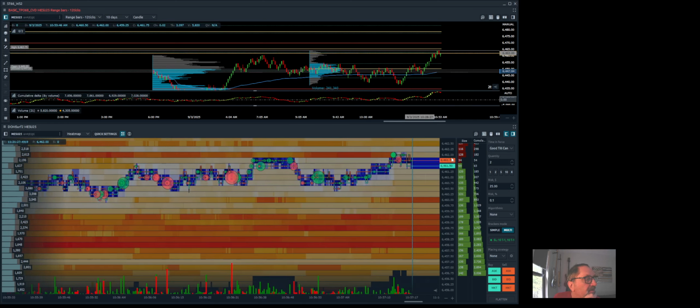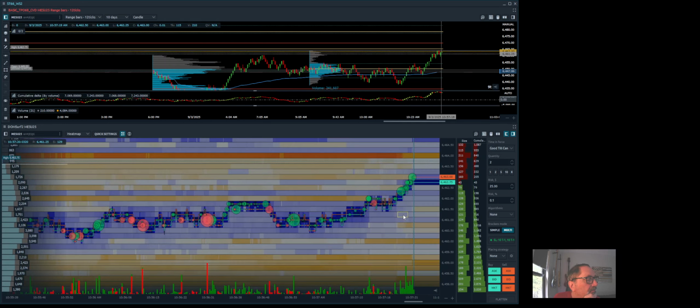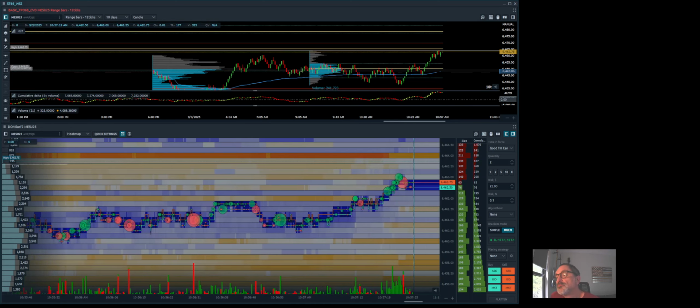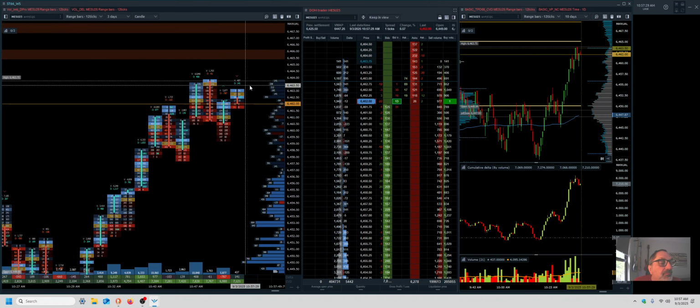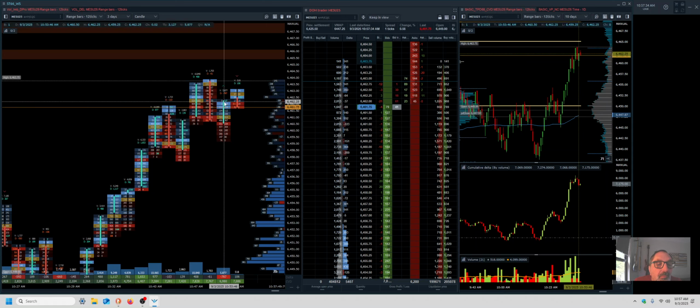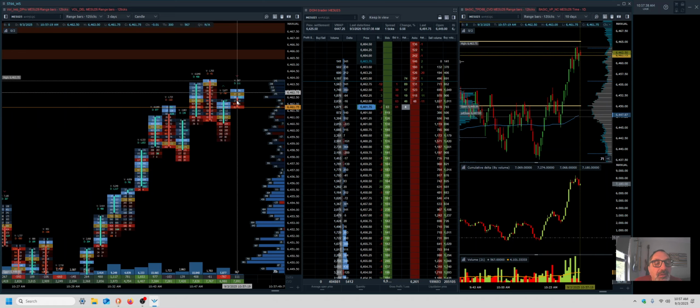So we did have buyers in the 62. That looks good. More buyers. Now we'll go to the footprint and we'll take a look. Buyers took it up before, sellers took it down, buyers took it up.